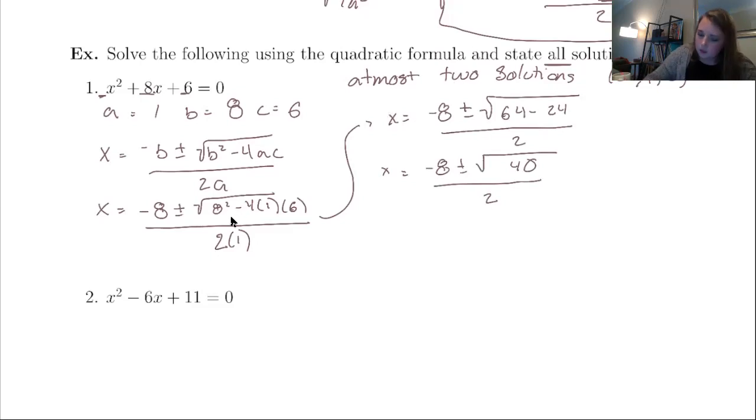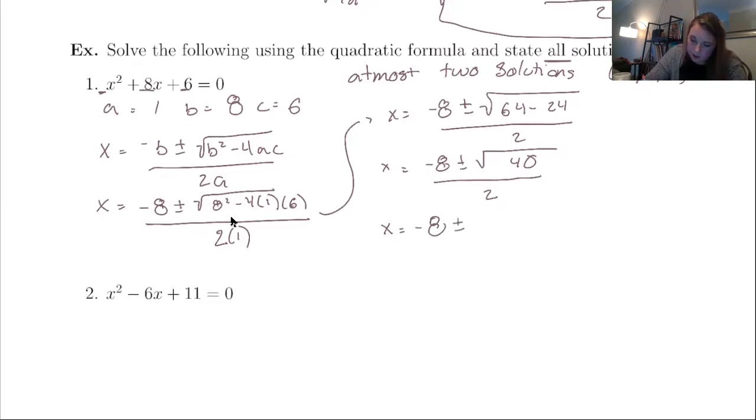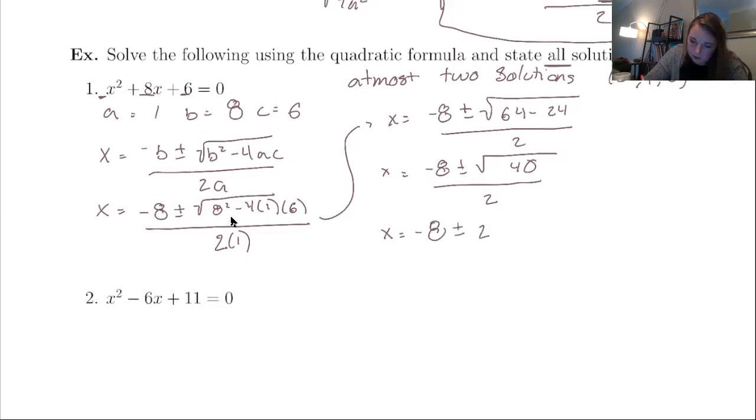I can keep simplifying this too. What can I pull out? 4. So I can pull out a 4 of here. So square root of 4 would give me 2 root 10 over 2. Right, because square root of 40 is square root of 4 times square root of 10, which is just 2 root 10.